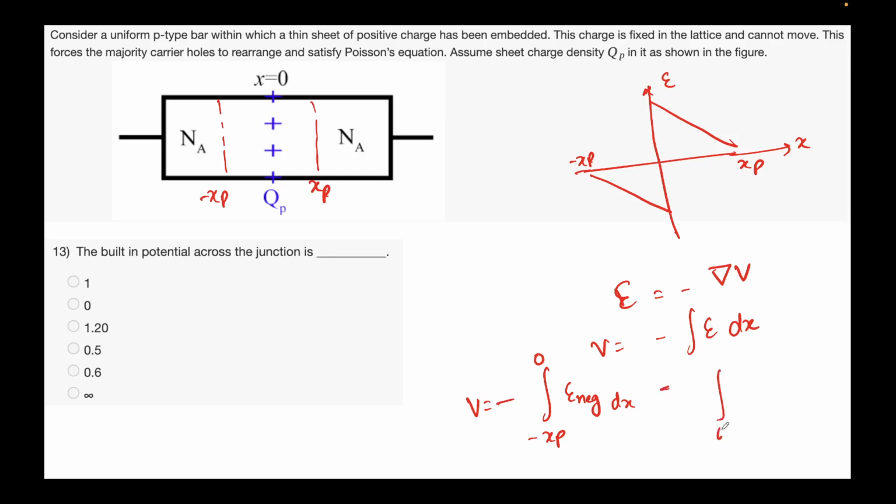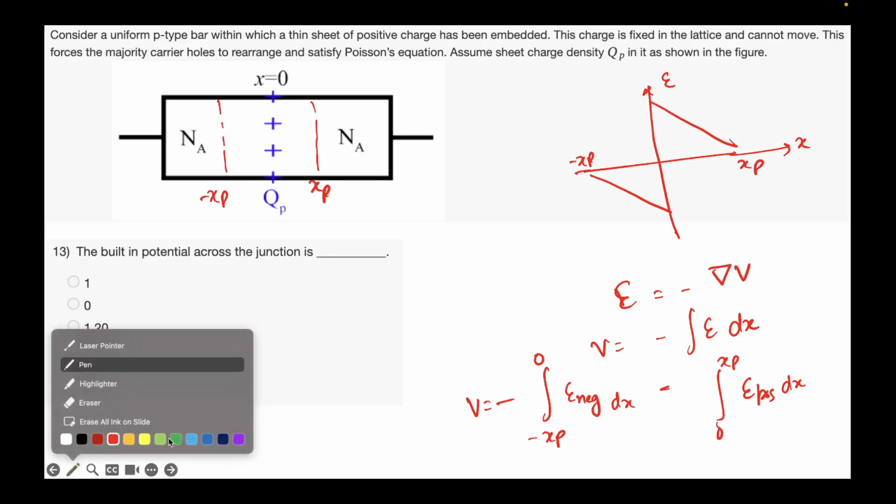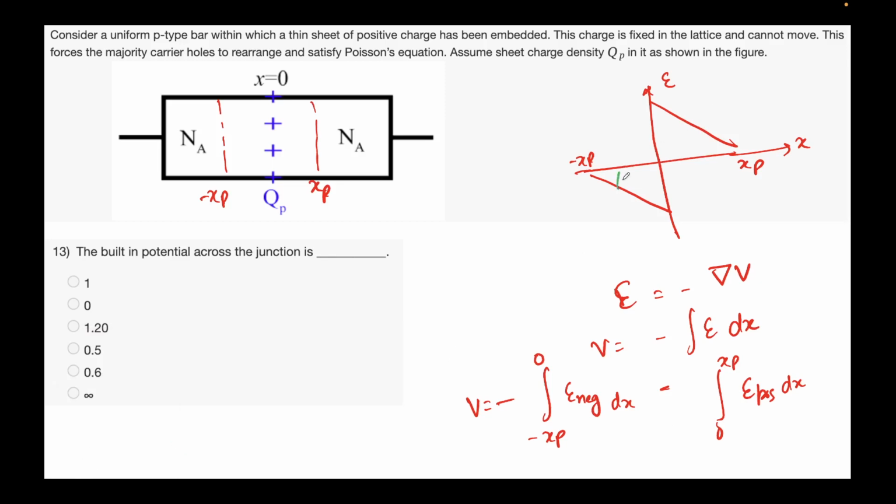And then from 0 to xp, I call it E positive dx. In this region, whatever the electric field is, I'm calling it E positive, and here I'm calling it E negative. Now, integration is nothing but the area under the curve. So the area under the curve is the green term here.